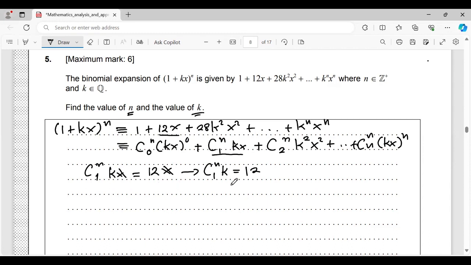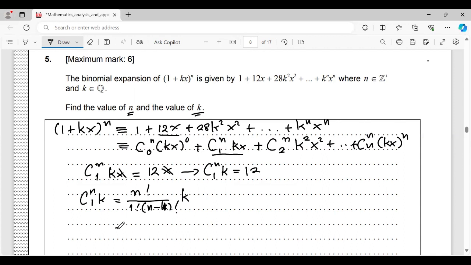This combination will be n factorial over 1 factorial times n minus 1 factorial, times k.